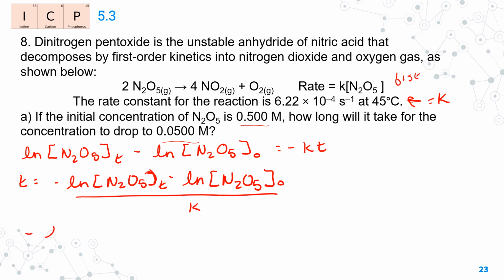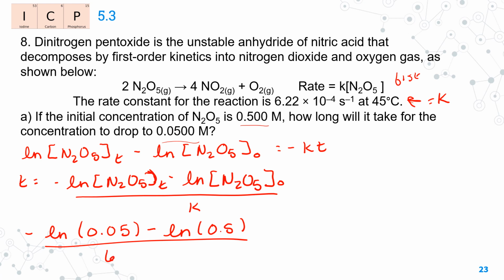When I plug all those numbers in, I'm going to use the natural log of 0.05 minus the natural log of 0.5, divided by K, and my time is going to equal 3,701 seconds. It's weird that it's in seconds, but it's fine.